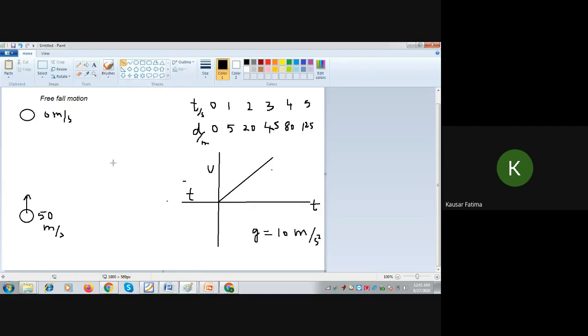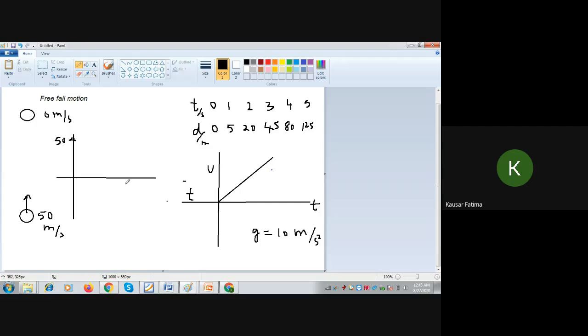So if we plot the velocity time graph for this case, suppose the initial speed is 50, and final is 0.